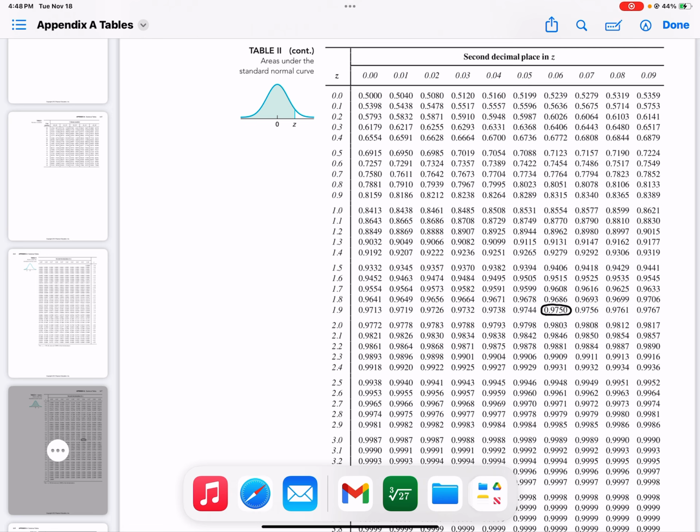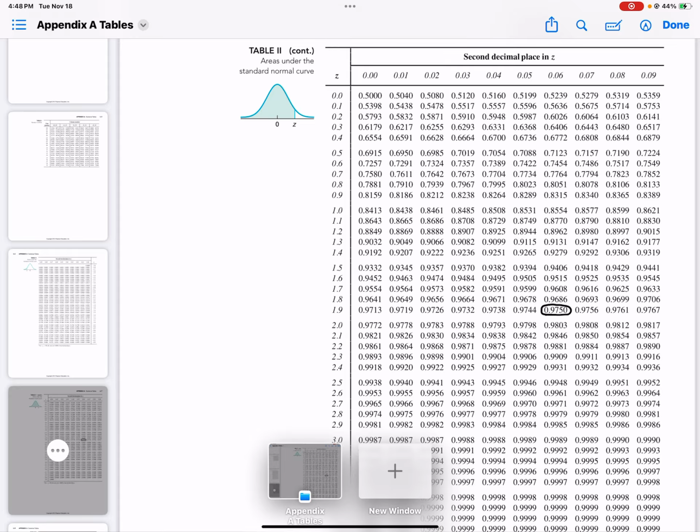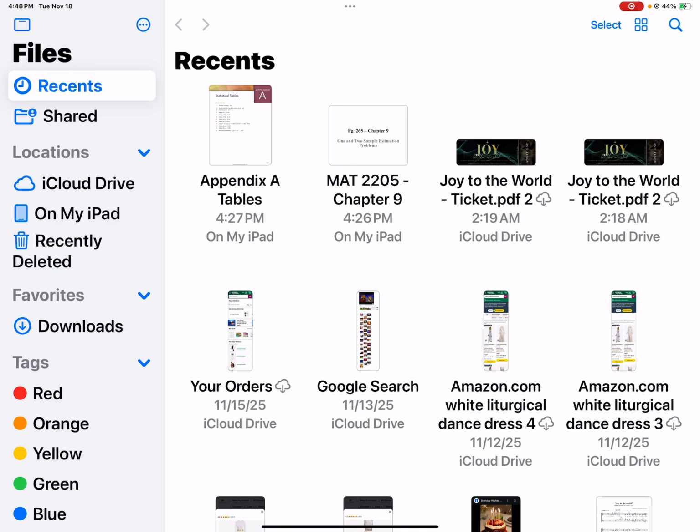I want to know how to unlock this document. I don't know if I'm going to be able to. Let me see if I have it someplace else, because that's going to drive me crazy.